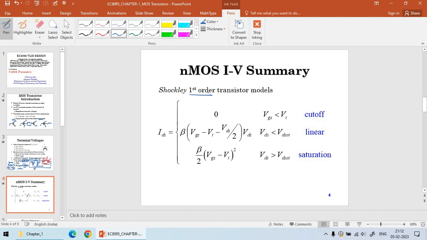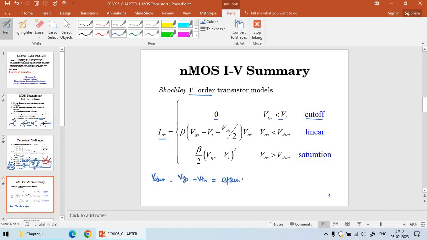We have included that. If IDS is 0, my VGS is less than VT, and the device is going to operate in cutoff region. If it is going to operate in linear region, my VDS is less than VDSAT. This VDSAT is nothing but VGS minus VTN. What is the other way of calling this?